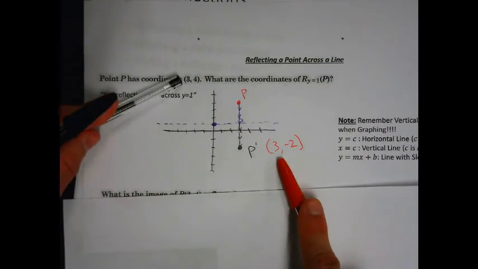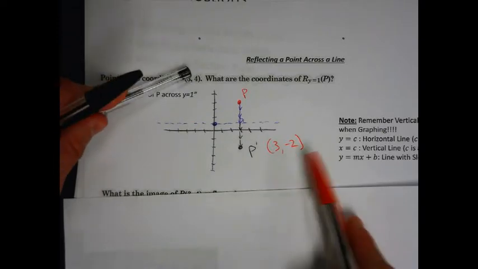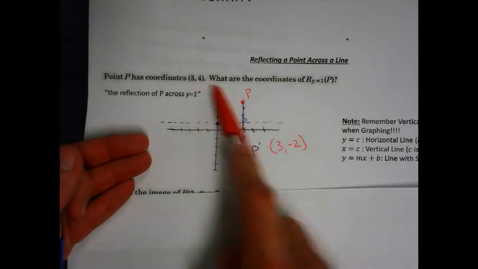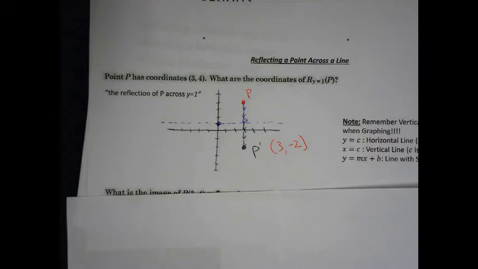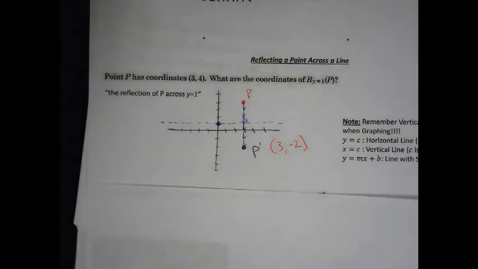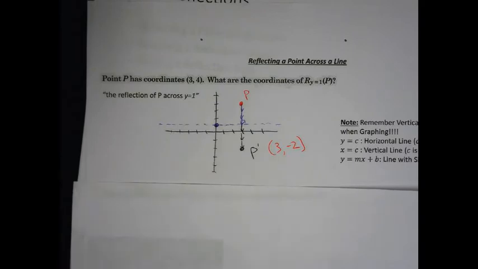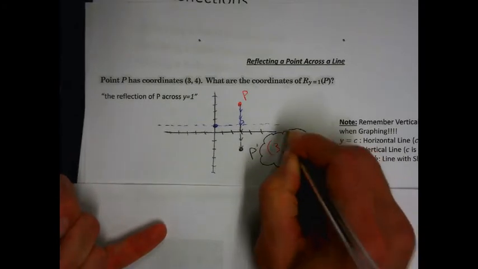Notice that the x stayed the same, but what's going on with the y? How many units is 4 from 1? 3 units down. 3 more units down from 1 is negative 2. You can visualize this in your mind if you want, but that is the solution. So what are the coordinates of the reflection? 3, negative 2. And that's how a reflection works across a given line.